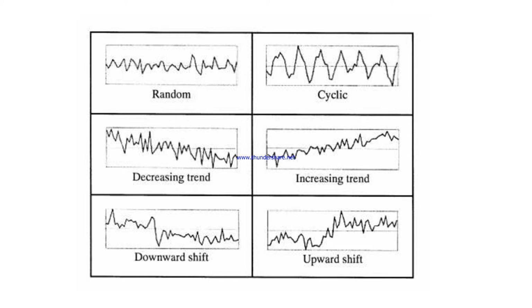But when it comes to the second one, you can see there is a cyclic pattern. It's like the seasonal patterns in time series graphs. If you observe these cyclic patterns, even if the points are within the upper control limit and lower control limit, you have to stop your process and observe what the reason is for this cyclic pattern.